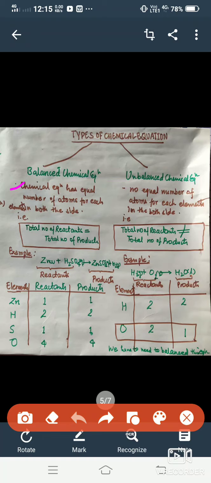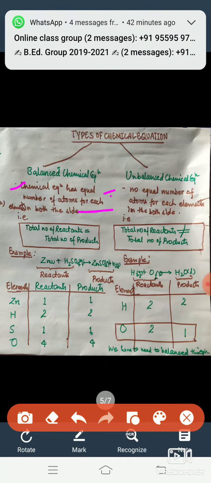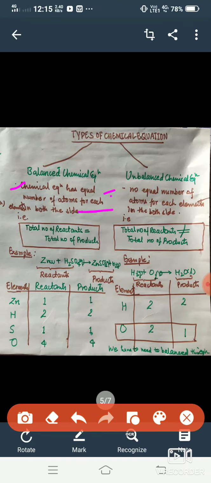The chemical equation which has an equal number of atoms of each element on both sides is called a balanced chemical equation. That is, we can say that the total number of reactants is equal to the total number of products.